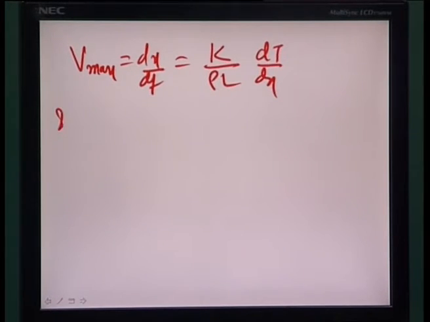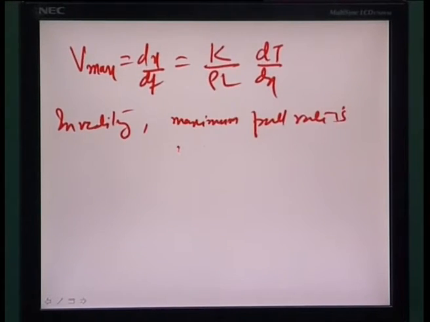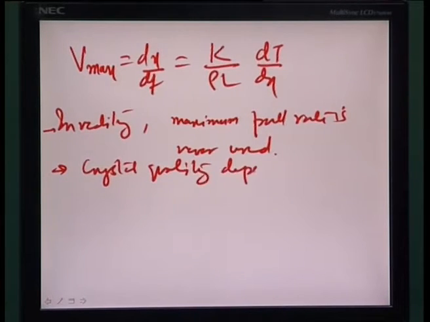So, in reality, the maximum pull rate is never used. As I told you before, the crystalline quality is a very sensitive function of the pull rate.